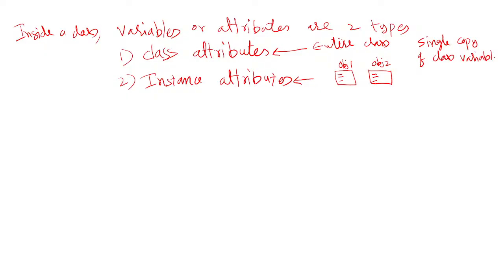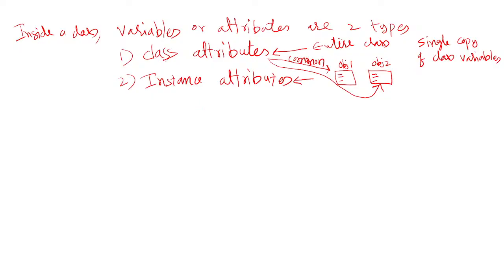This is common to all the objects. So a class attribute is common to all the objects. Object 1 will have the same attribute value, and object 2 also will have the same attribute value. Such attributes are called class attributes, which are common to all the objects.